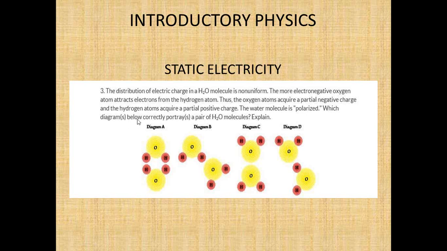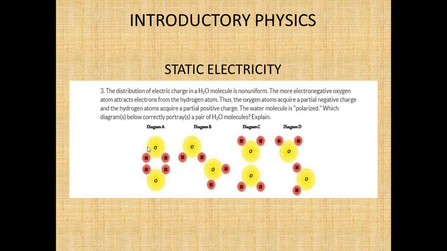Which diagram below correctly portrays a pair of water molecules? Explain. Let's look at case A. This is our water molecule up here, oxygen and 2 hydrogens. The oxygen is going to be slightly more negative, the hydrogen slightly more positive. If one hydrogen is positive and the next hydrogen is positive, they're not going to attract each other.